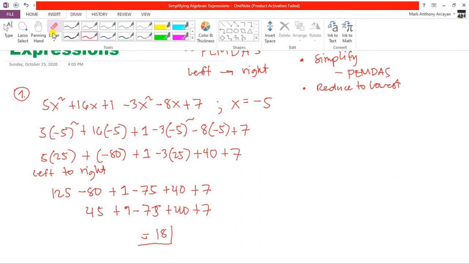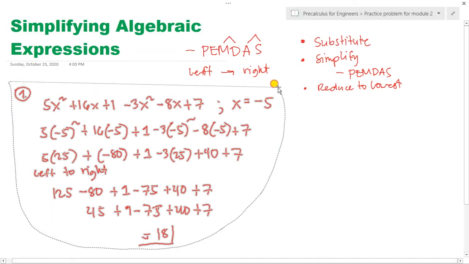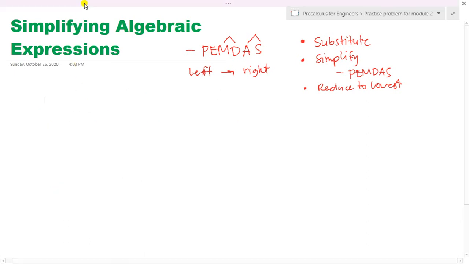So let's try another example. Next na natin to. So our second example is this one. How about if you are given a product of two algebraic expressions, 3m minus 2 times 2m plus 5, such that our value of m is equal to negative 1/6.